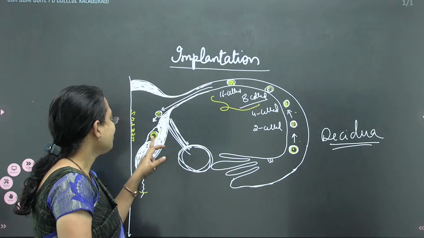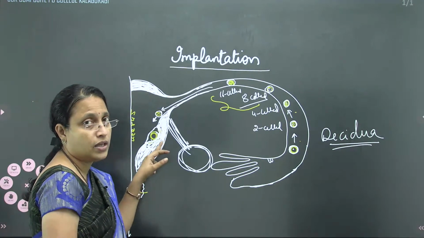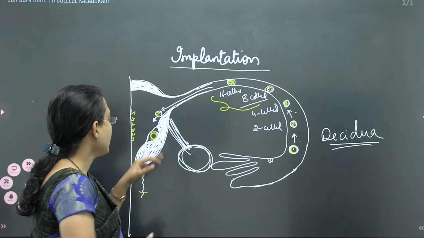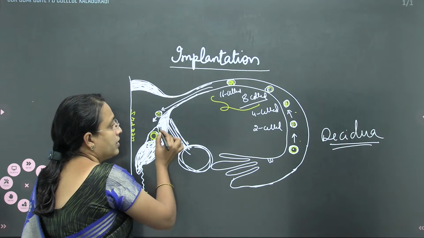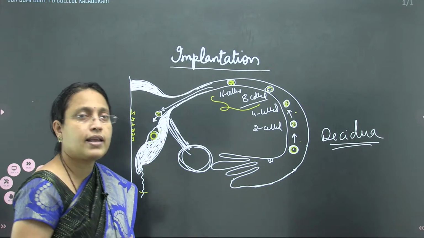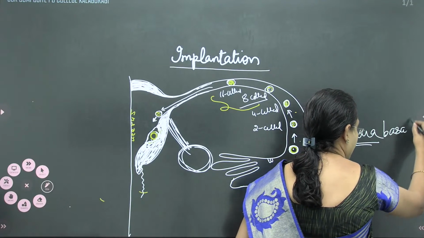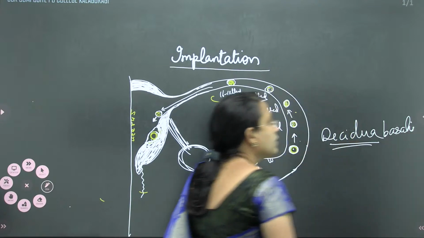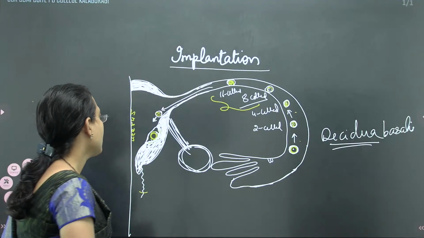So this finger-like projection is formed from the trophoblast. The wall present here, this part of the decidua, is called decidua basalis.